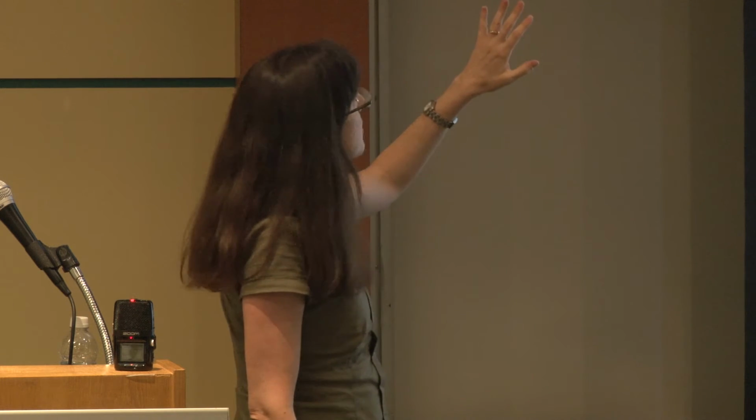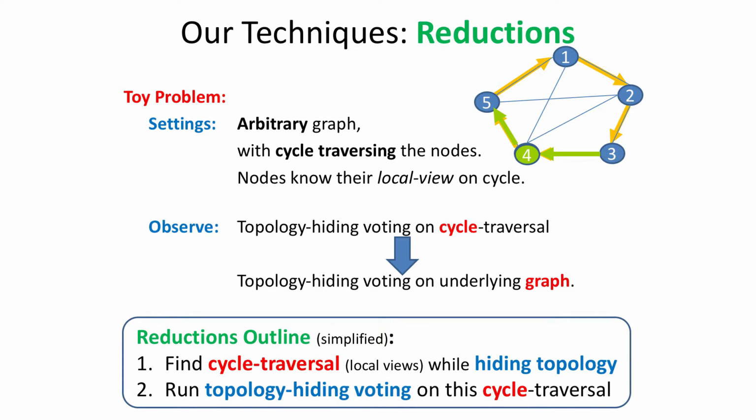Okay, so what about the trees and the low circumference graphs? I said it all goes through reductions. Let's think first of a theory problem that would give the idea. Think that we have an arbitrary graph, but somehow we know a cycle that traverses all the nodes of the graph. By some magic, we have this cycle.